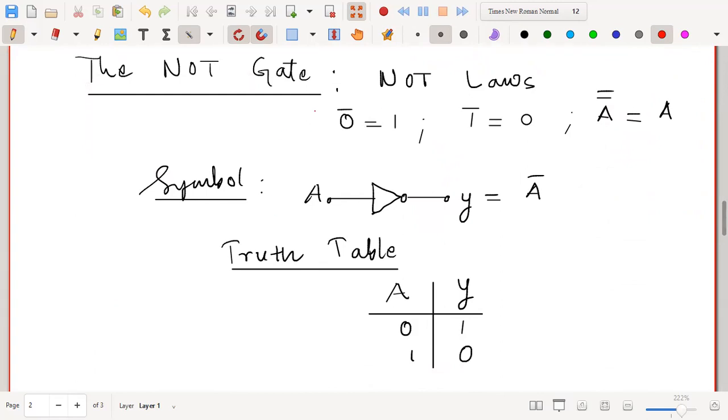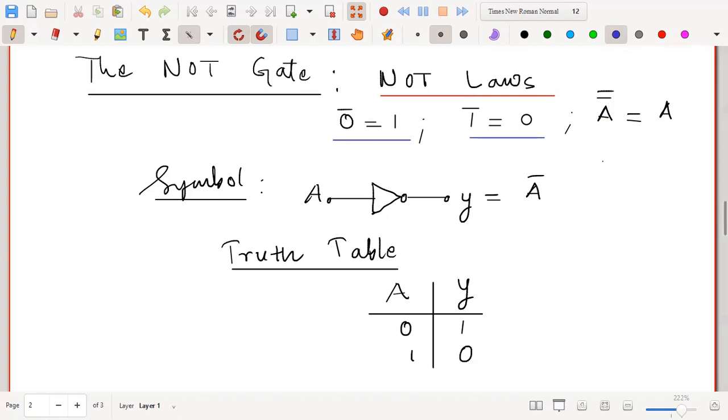Before we go to the construction of the NOT gate using transistor, let me tell you a few NOT laws. The complement of 0 is 1, and the complement of 1 is 0. If you double complement any variable, you will get the same variable.